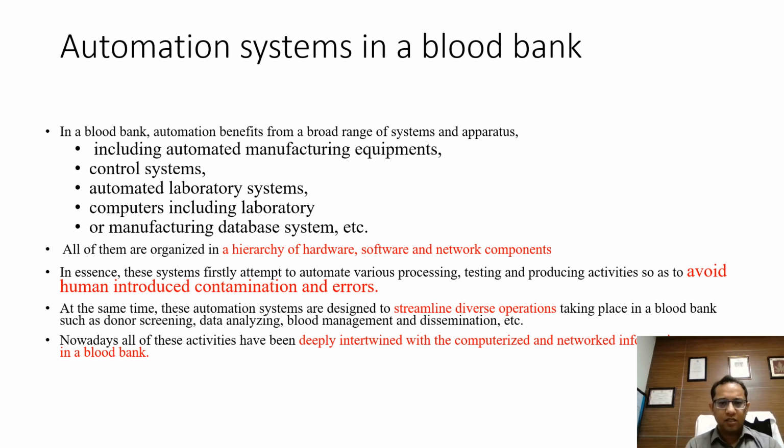In essence, these systems firstly attempt to automate various processing tests and avoid human-introduced contamination and errors. At the same time, these automation systems are designed to streamline diverse operations taking place in the blood bank, such as donor screening, data analyzing, blood management, and dissemination. And nowadays, all of these activities are deeply intertwined with the computer and network infrastructure.